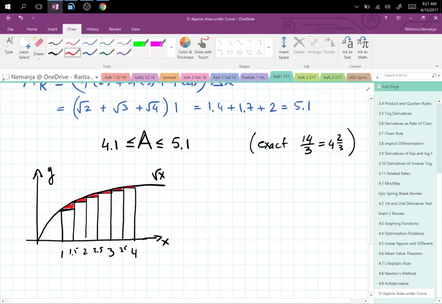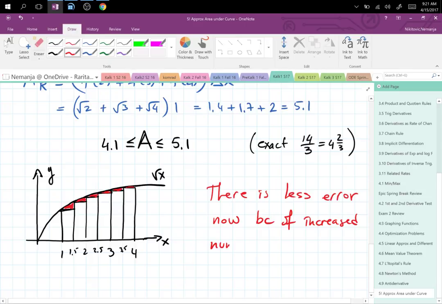So there is less error now because of the increased number of rectangles.